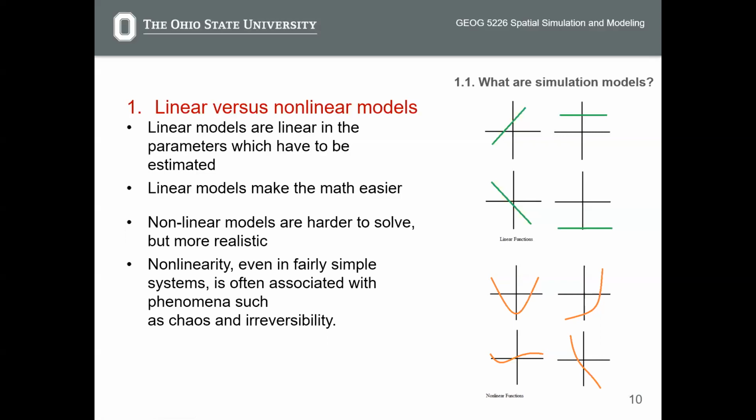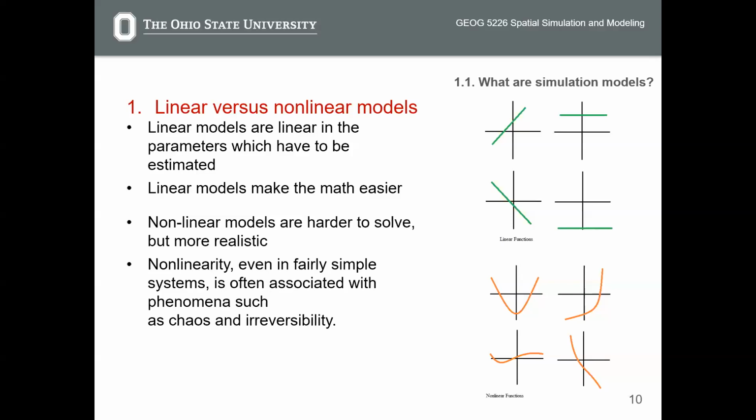Even in fairly simple systems, if there is nonlinearity, it is often associated with phenomena such as chaos and irreversibility. It means that the system is pretty hard, sometimes impossible, to predict. So the advantage of nonlinear models is that they're closer to real-world phenomena.